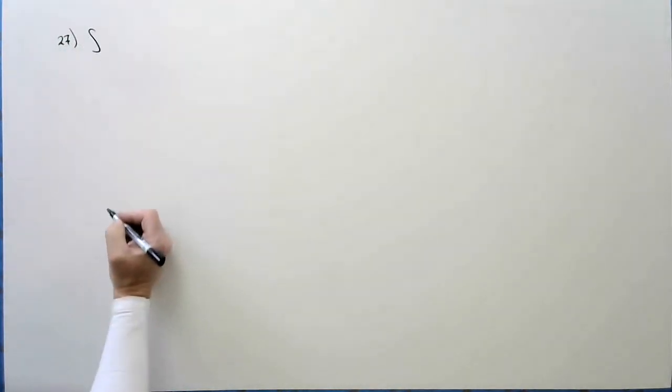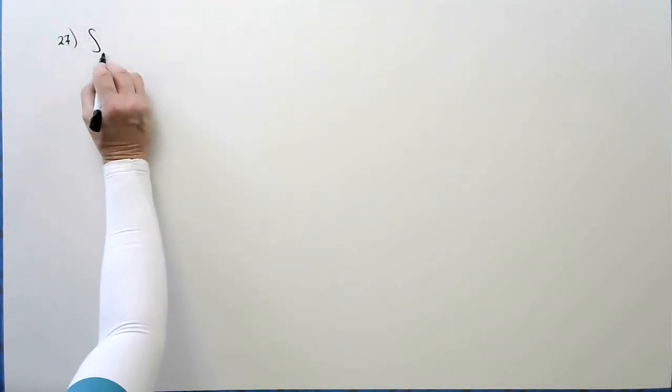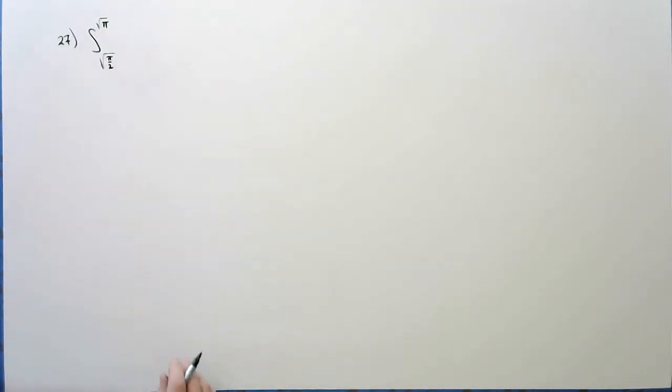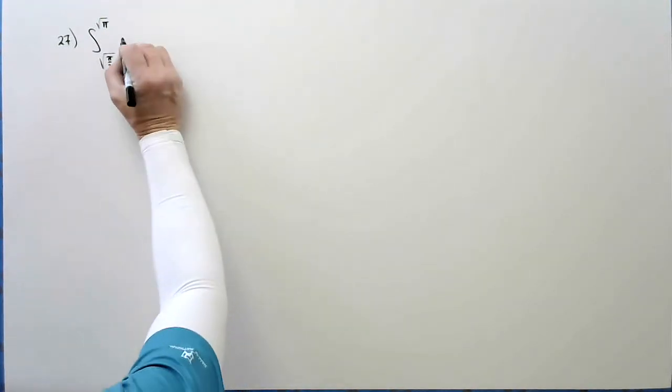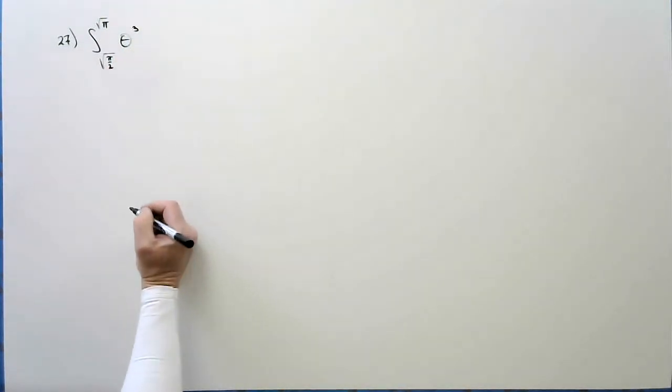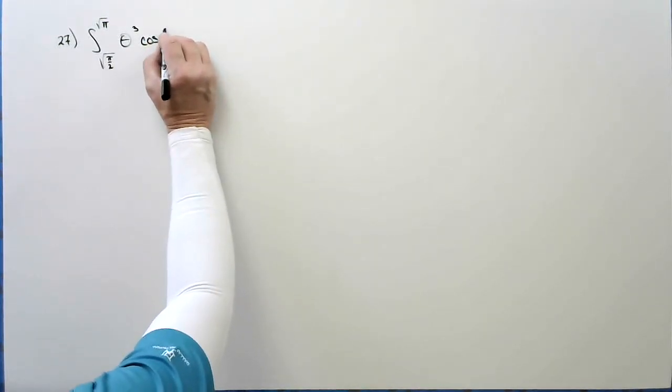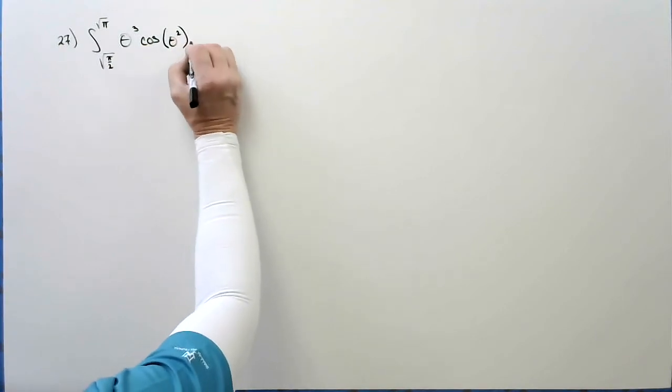Okay. Now 27 is not an indefinite integral. It's a definite integral, i.e. it has upper and lower bounds, right? We're gonna have to evaluate it when we're done. So what do we have here? On 27, we have the integral from root pi over 2 to root pi. We have theta cubed times cosine of theta squared d theta.